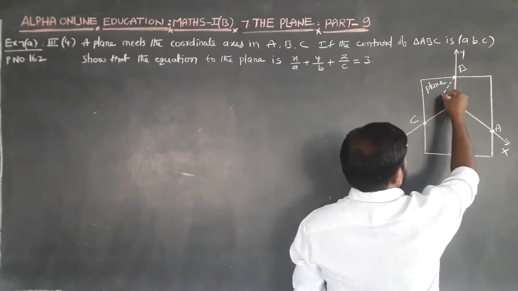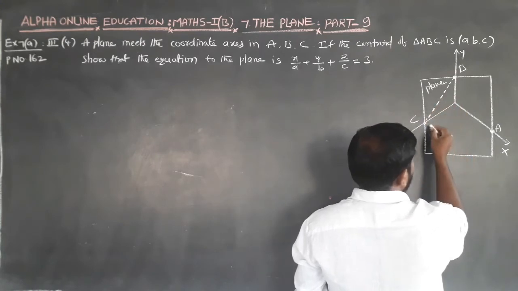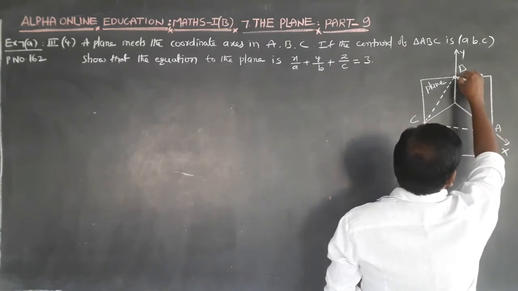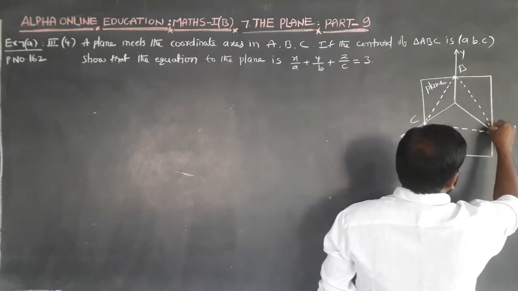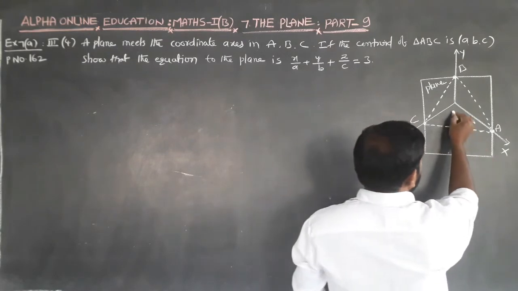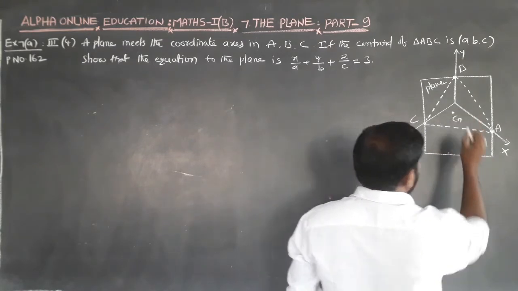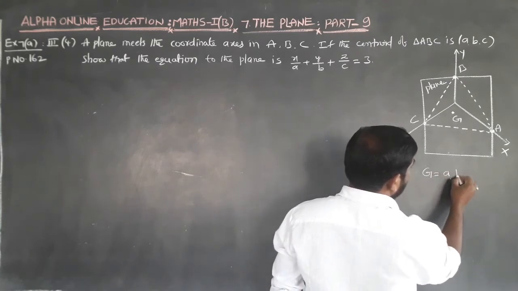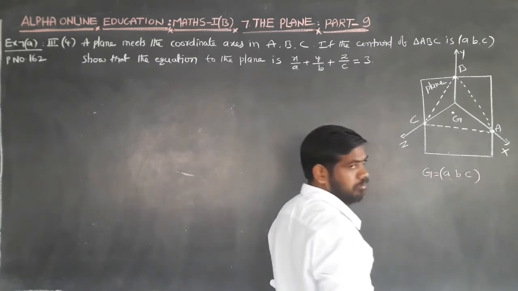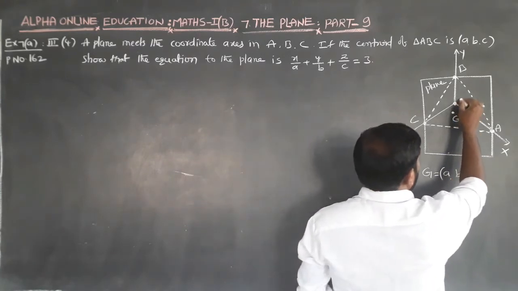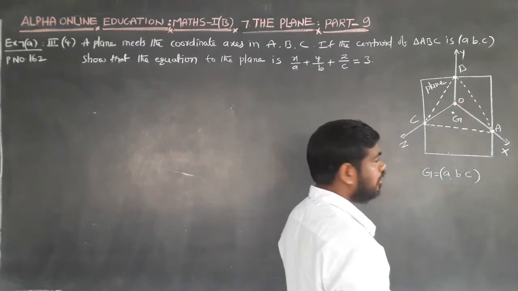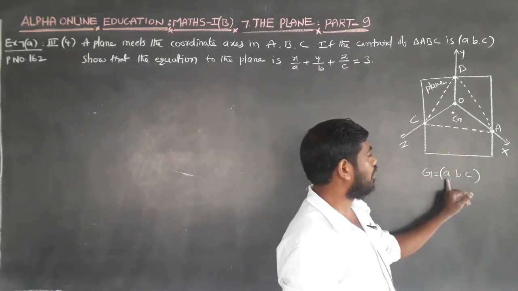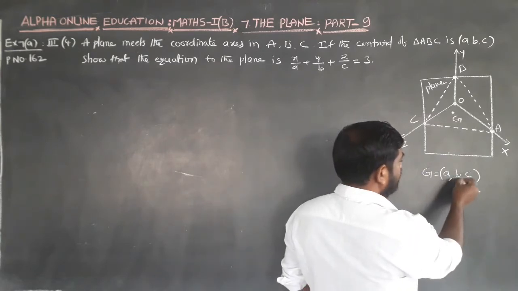The lines joining the points BC, CA and AB form the triangle. This is the centroid of the triangle. The centroid G of the triangle is (a, b, c). This is the origin.